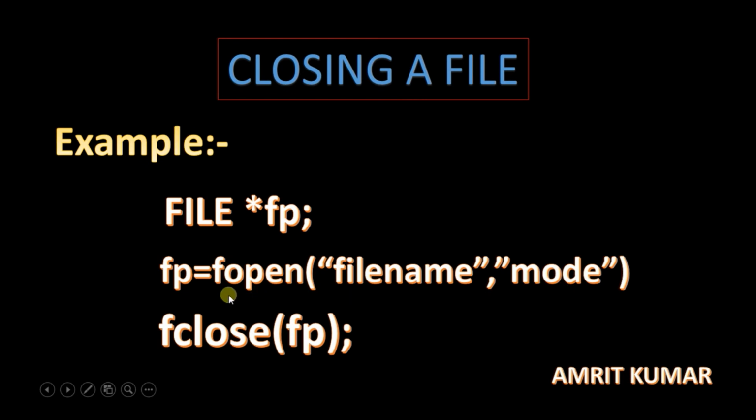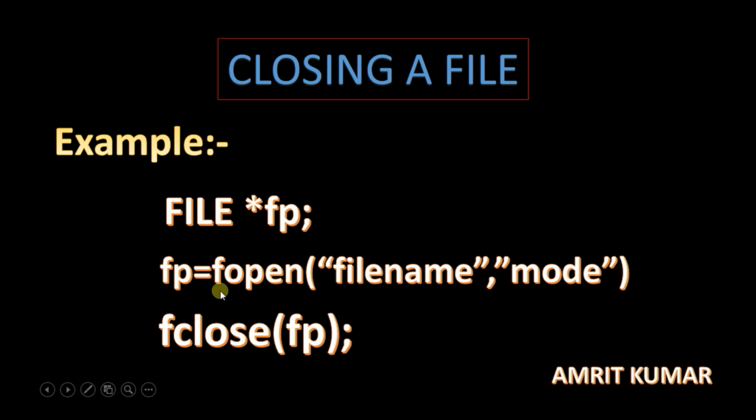So this is the fopen function which helps us to open a file relating to some modes. For example, if I am going to read a file only, then we will use read mode. If I want to write to a file, then we will use write mode.